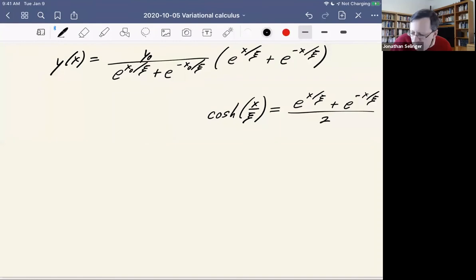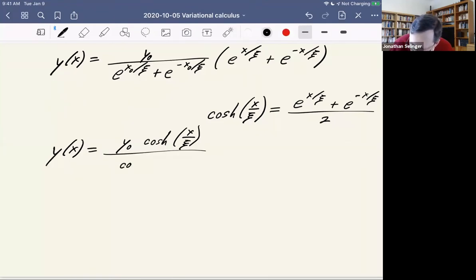With this handy hyperbolic function, we get that y of x is y0 times the hyperbolic cosine of x over ξ divided by the hyperbolic cosine of x0 over ξ. So here's our answer.